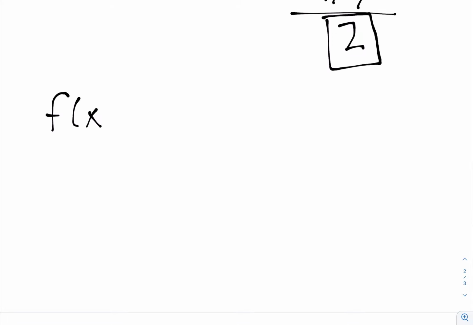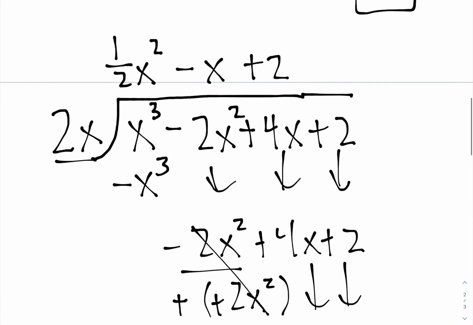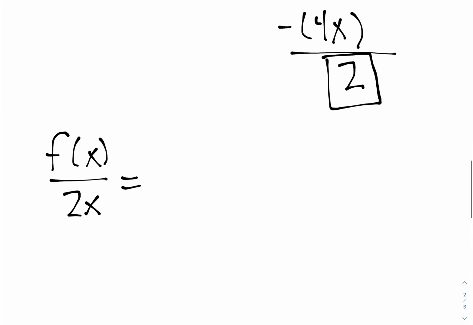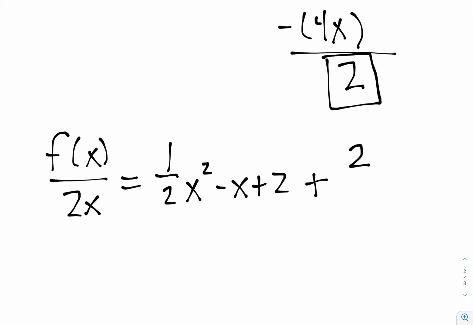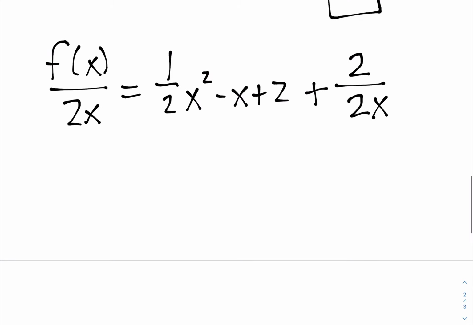Okay, so how you would write this is, you could write f of x, our function, divided by 2x is equal to a half x squared minus x plus 2, plus our remainder 2 over 2x. Okay, and the 2's could cancel here, and you could write it like 1 over x, but you get the idea.